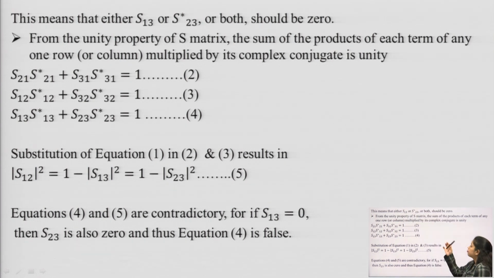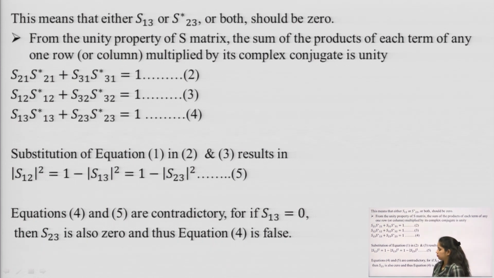Now from the first property, the symmetry property, second one is the zero property, and the third property comes, that is the unitary property. So as per the unitary property, what does it say? That the sum of the product of each term of any one row multiplied by its complex conjugate is unity.